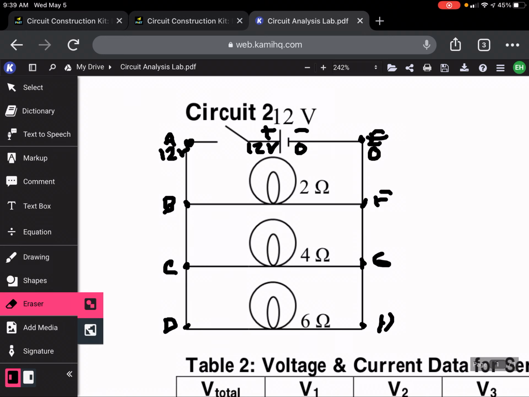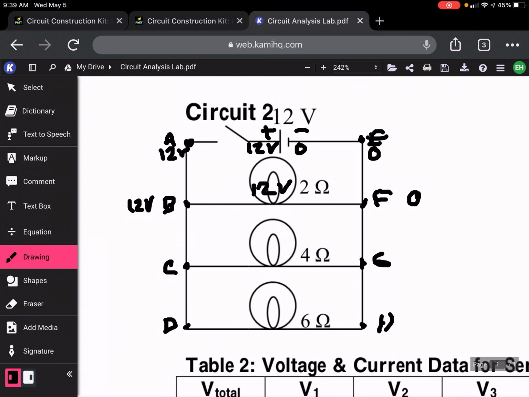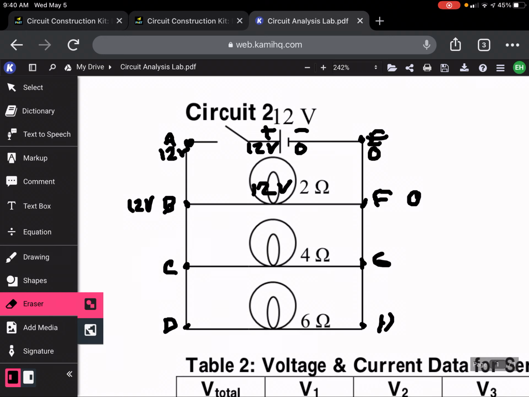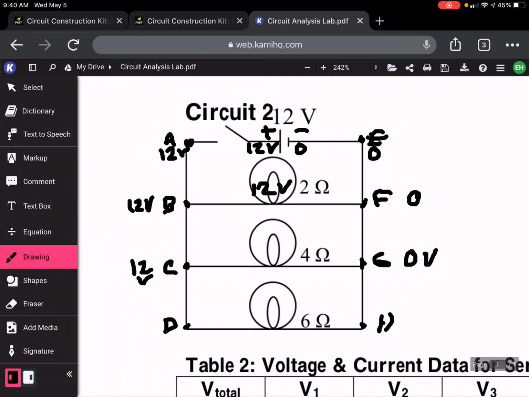Now if we use that same logic, point B is also connected to the positive side of the battery, so point B is also measuring 12 volts. Point F is measuring 0, therefore 12 minus 0 is 12 volts across that light bulb. Point C is connected to the positive side of the battery, which is 12 volts, and there's 0 volts at point G. 12 minus 0 is 12 volts.